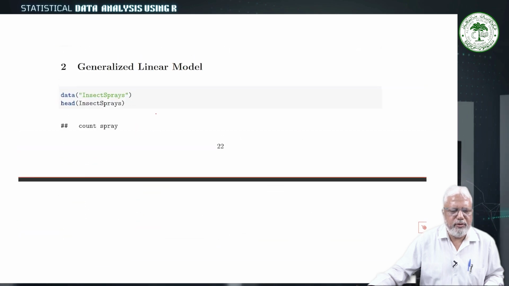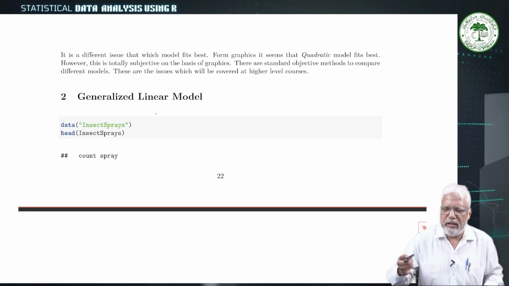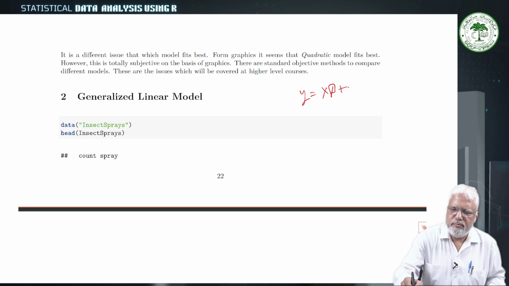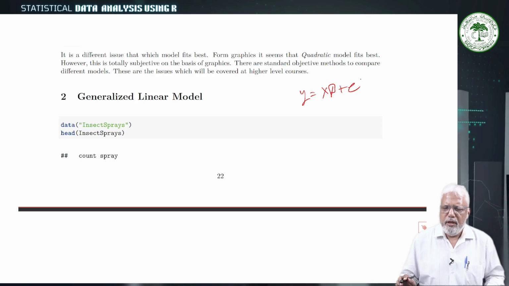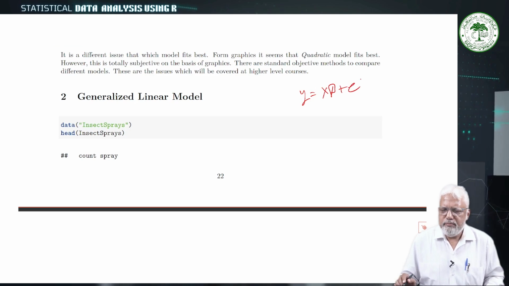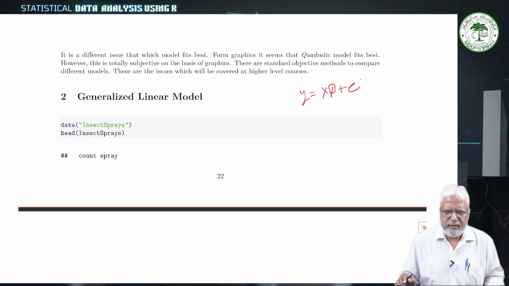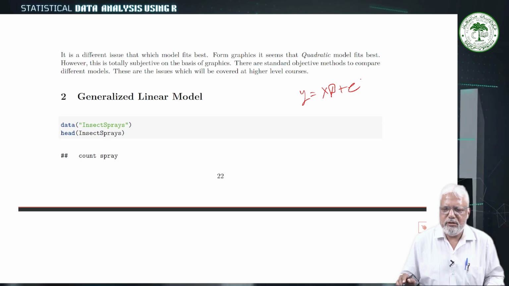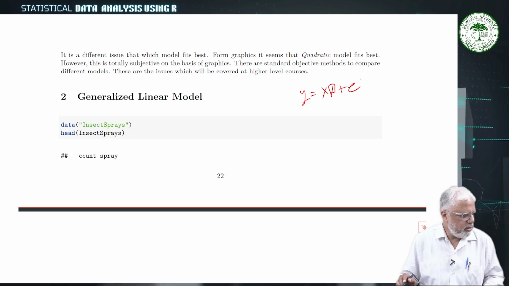The first thing which was introduced was GLM, and GLM is y is equal to x beta plus e. But there are certain problems with GLM. That means it has to meet the assumptions of ANOVA, that is the normality assumption, the homogeneity of variance assumption, etc.